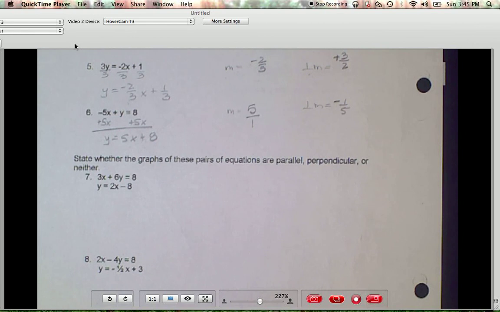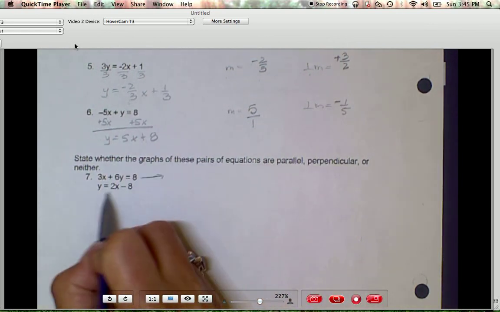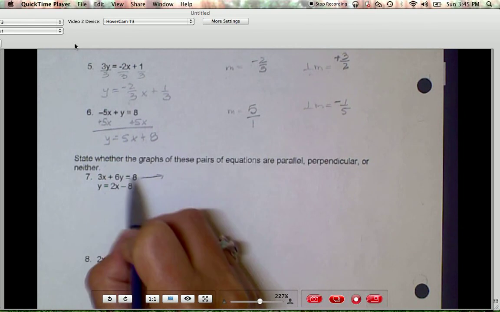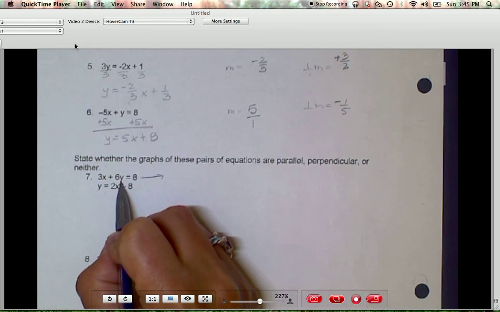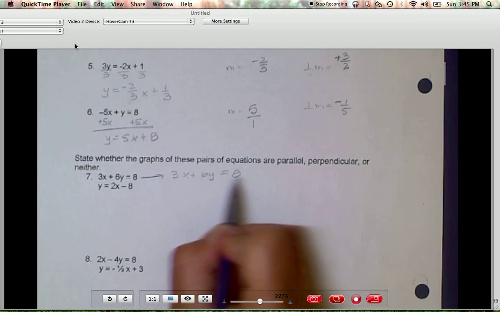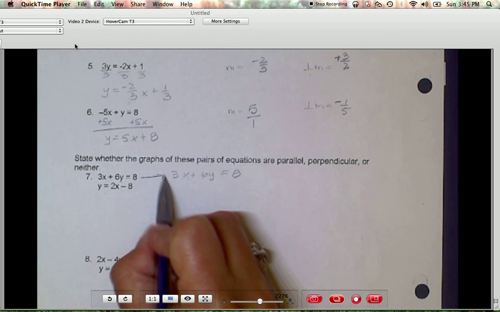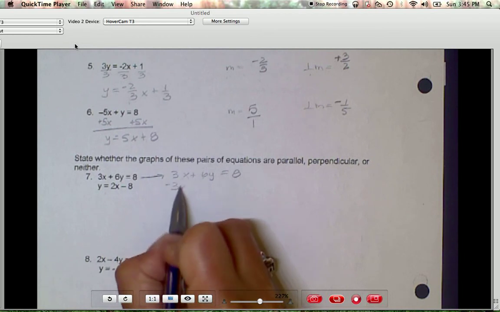I'll do one of them with you, and then you can try the last 2 on your own. So solve them both for y. This one's already solved for y, so we're all set there. Here we need to solve this for y. I'm going to write it over here. 3x plus 6y equals 8. So we need to move the 3x and the 6 away. Undo this first. So I'll move the 3x over.